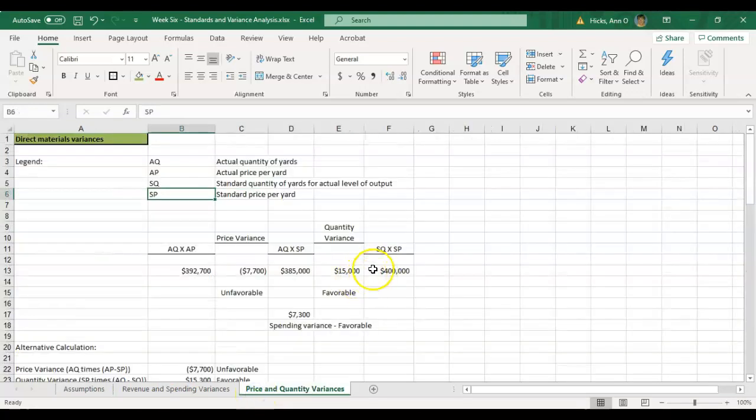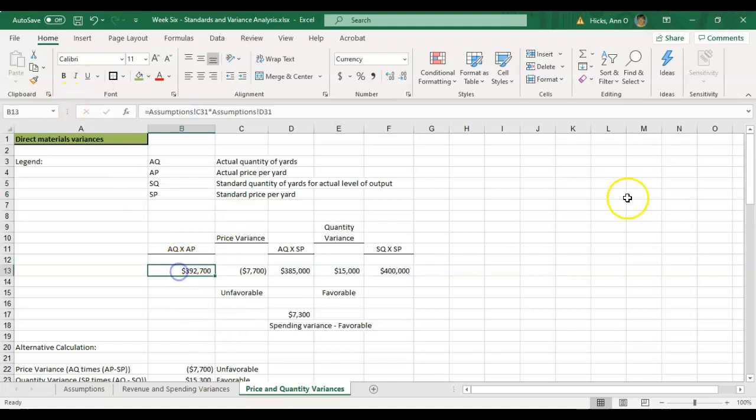Okay, so let's look at our little analysis here. I'm going to walk us through two different approaches. This first approach is more of a visual, and I still remember these many years later that when I learned about variances, I found this presentation very useful, so I always start with this.